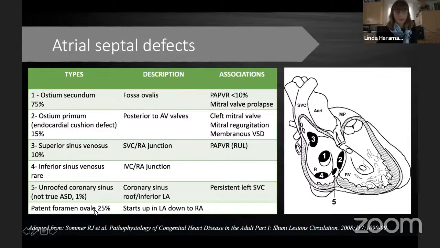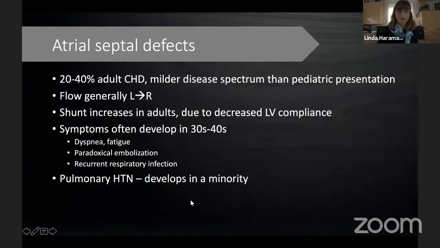Now I put patent foramen ovale on here because it is also a communication between the two atria. It's present in 25% of the general population, and it's a flap valve, so it tunnels through the interatrial septum rather than a direct communication. And I'll be showing examples of that.